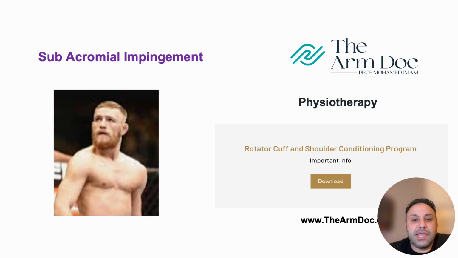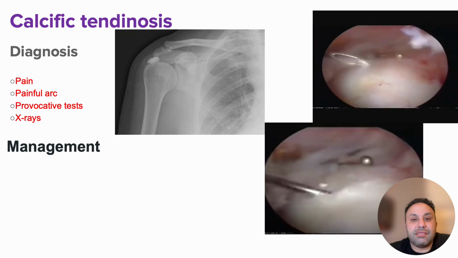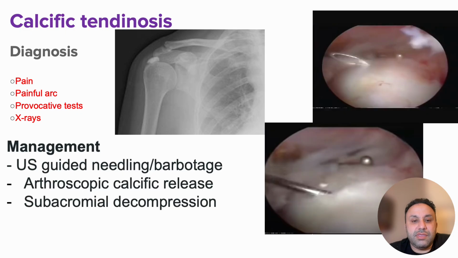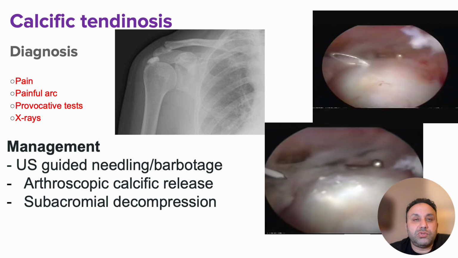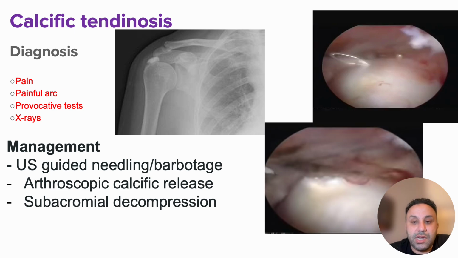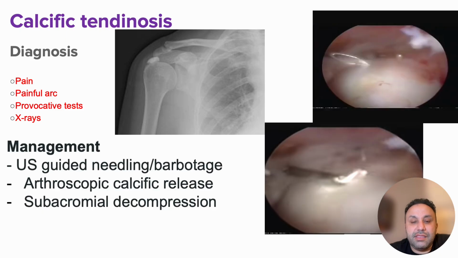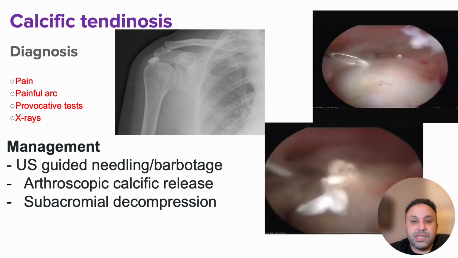And then patients can come with other issues like calcification, and calcific tendinitis is one of the top diagnoses you can see. And actually what we see a lot now is subacromial barbotage, which simply means a radiologist will undertake an ultrasound scan, inject saline into the calcium deposits, and then aspirate and inject steroids.